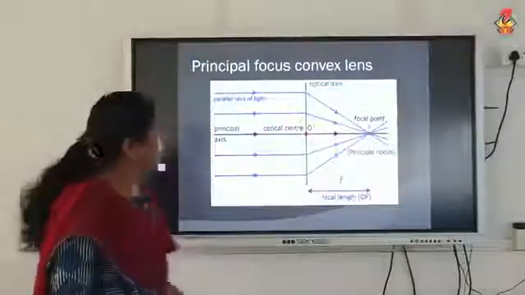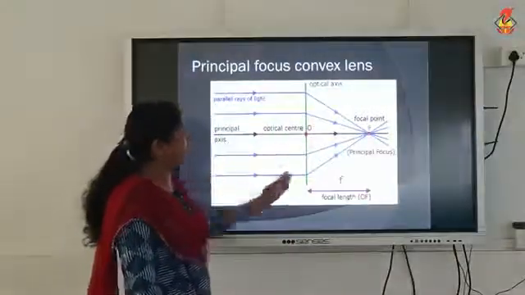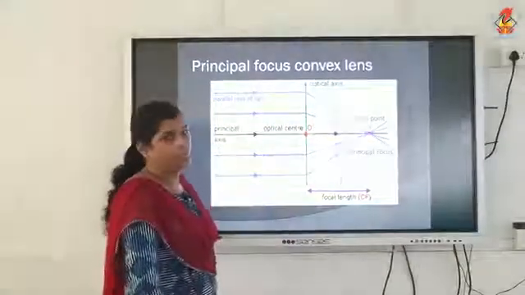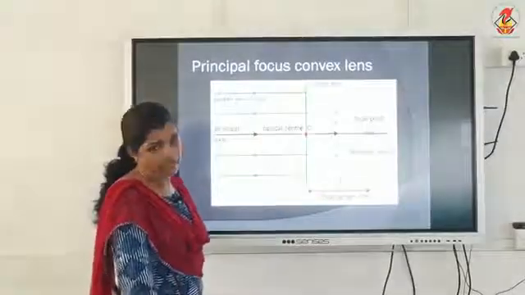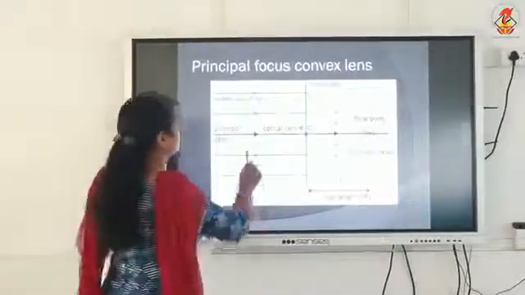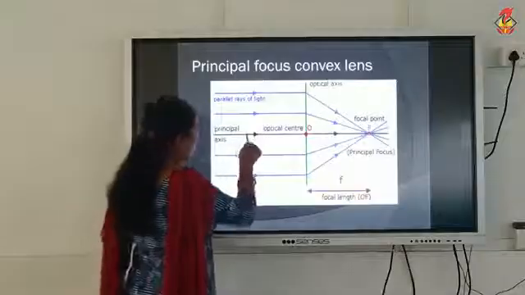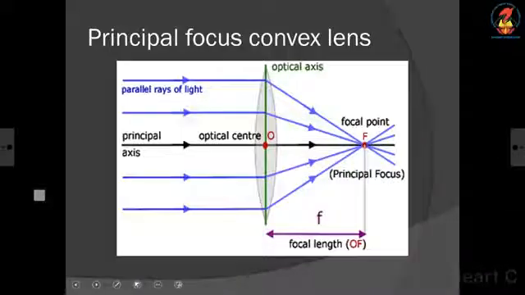So, here I have drawn a line that is passing through the optical center. That is a principal axis. Now, I have drawn parallel light rays above the principal axis and below the principal axis.